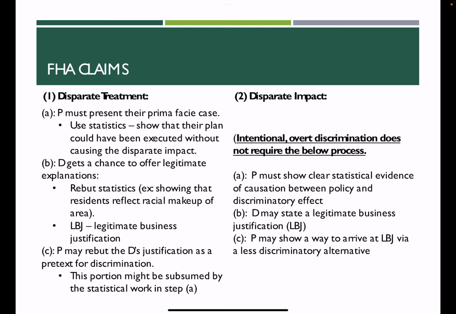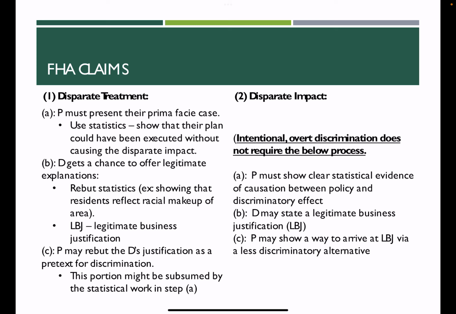So here the defendant can say, it looks weird, but we denied the application really because of a low FICO score, or we looked at the rental history and, in the last rented unit, that person only paid rent half the time or something like that.